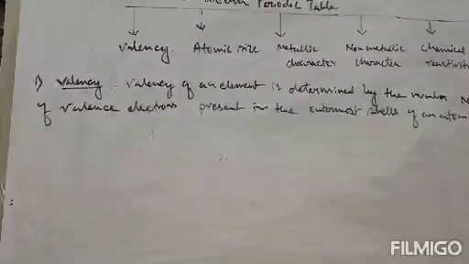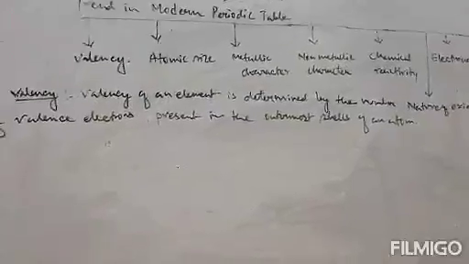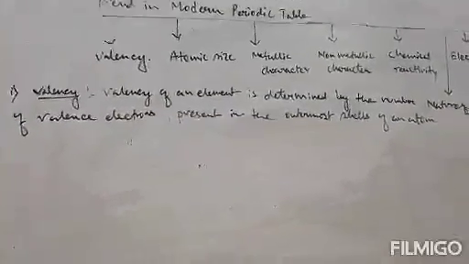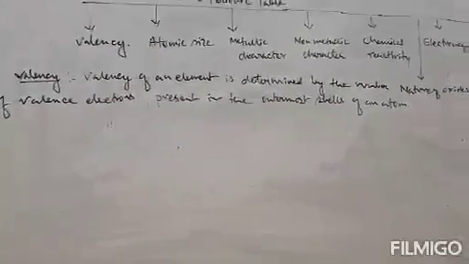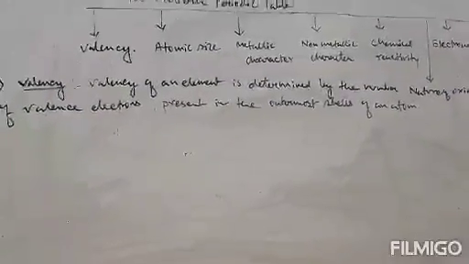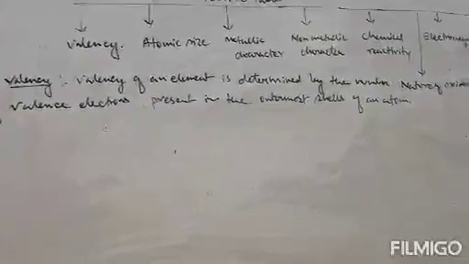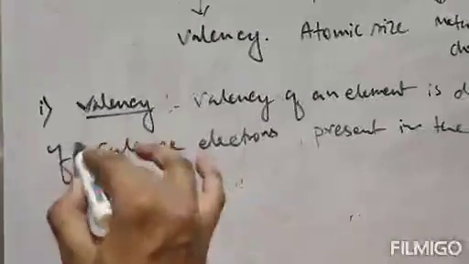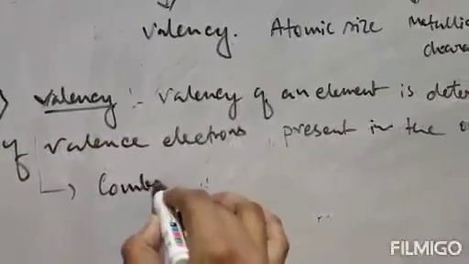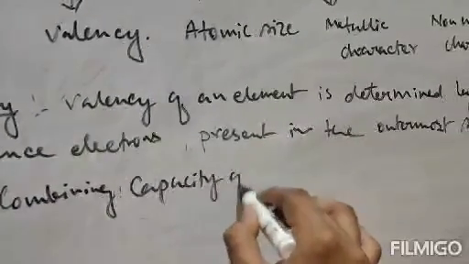Or we can also say that it is the combining capacity of an element. The atom will combine with another atom using the electrons in its outermost shell. So it is also termed as valency, the combining capacity of an element.